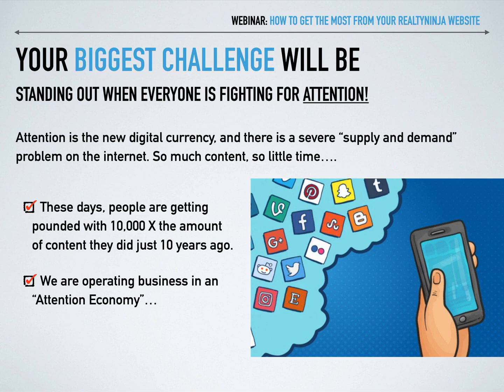Everybody's out there on social media and with their websites producing content, trying to take your attention in the attention economy. So when you think about the fact that you're operating your business in an attention economy, it makes you wonder, what do I need to do as a real estate agent to borrow some people's attention to put it on my brand for a while, whether it's on my social media or on my website or any part of my brand online? How do I get their attention?